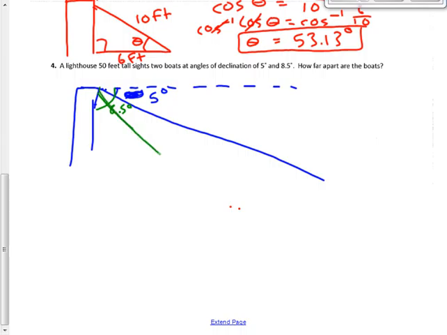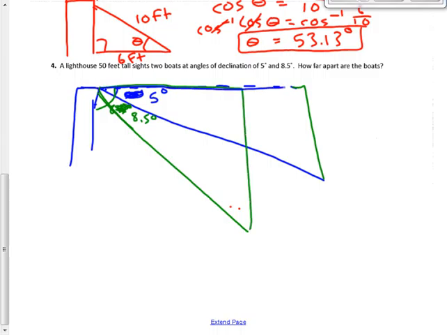That is a horrible, horrible drawing. But hopefully you can see our two triangles in there, the one in blue and the one in green.